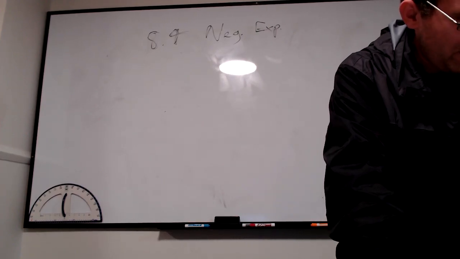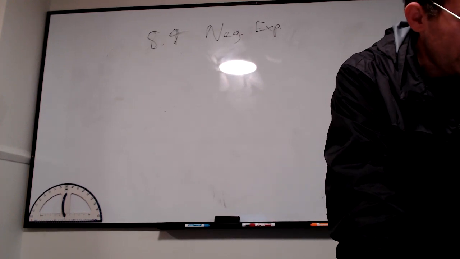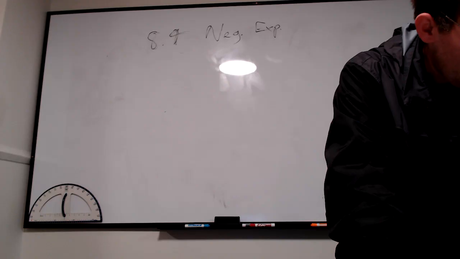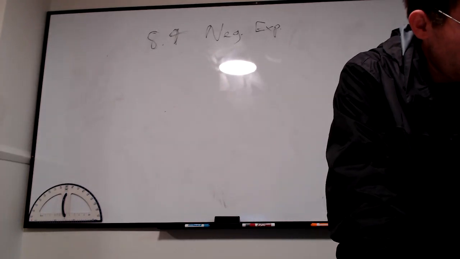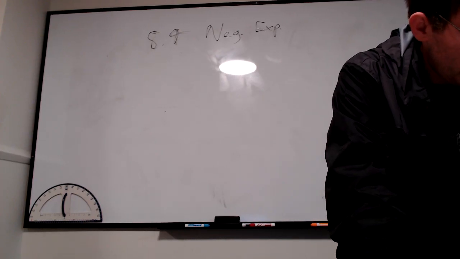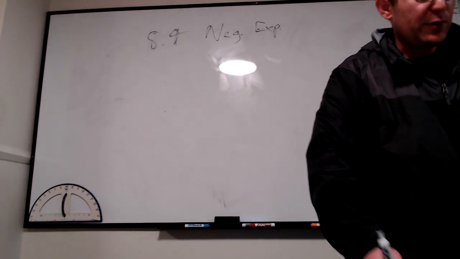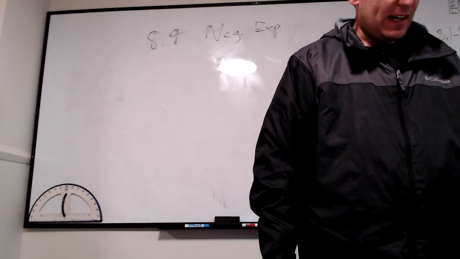They keep going down the same amount, and if you keep going far enough, eventually you hit a negative exponent, and the negative exponent is still continuing that same pattern. So there's continuity between a regular exponent and a negative exponent.